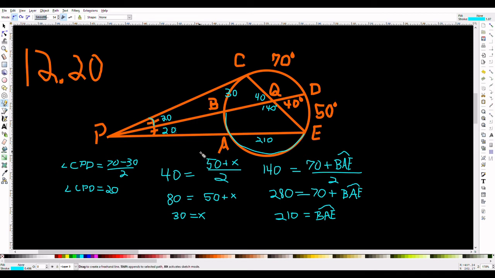And now we have what we need to find BA. Because we already have arc DE and angle BPA, we can find arc BA.